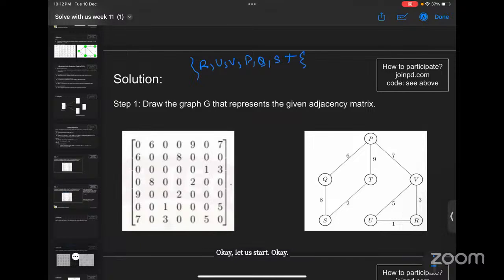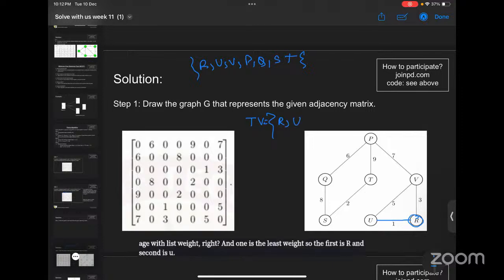So we have to initialize with R. That means this, right? So what is Prim's algorithm? We have to calculate our tree. The first step is we will consider the edge with the least weight, right? And 1 is the least weight. So the first is R and second is U. This is clear, right?